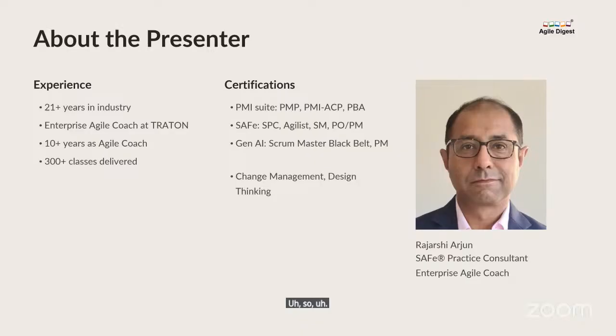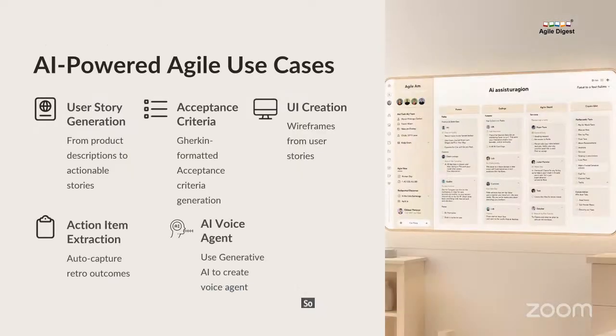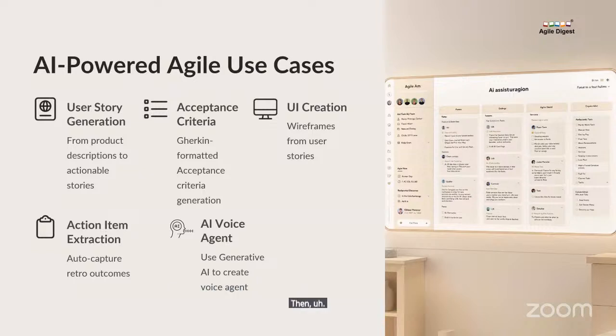So let's now get into the actual agenda and what we are going to cover. Typically we are going to look at 5 cases. One is how you generate user stories from product description documents. Then we would also do some refinement of the story.